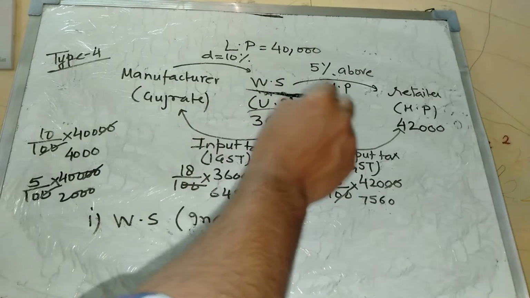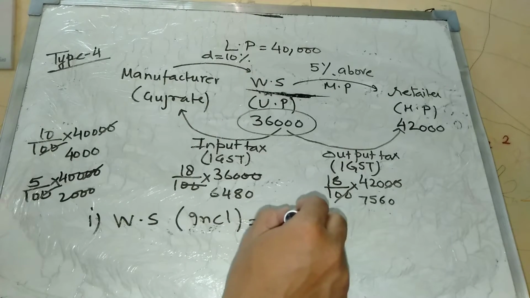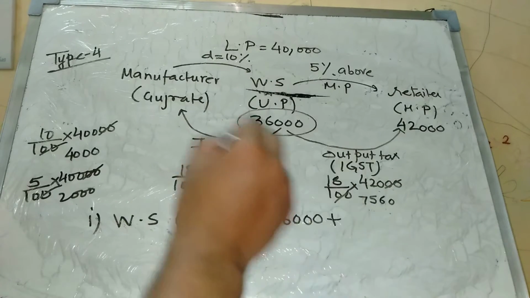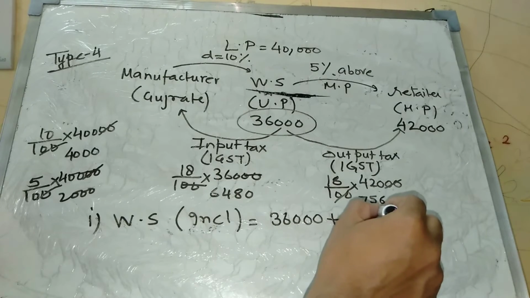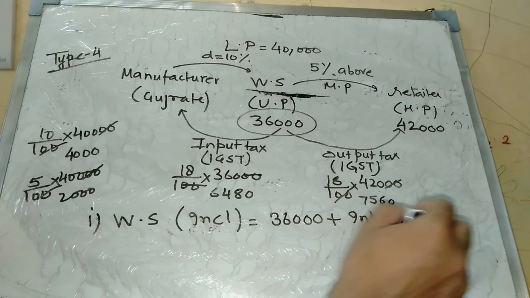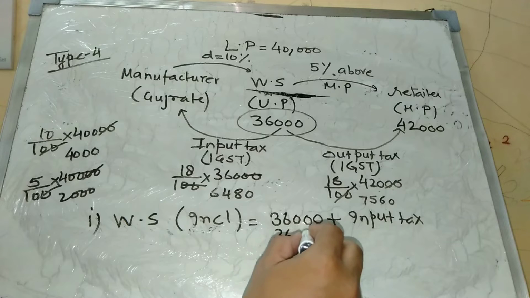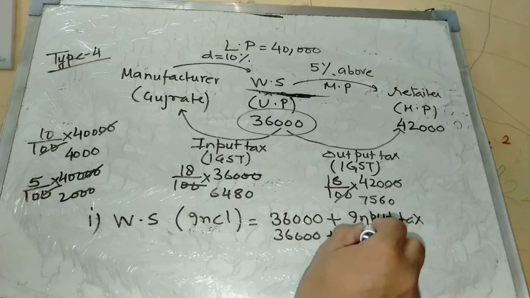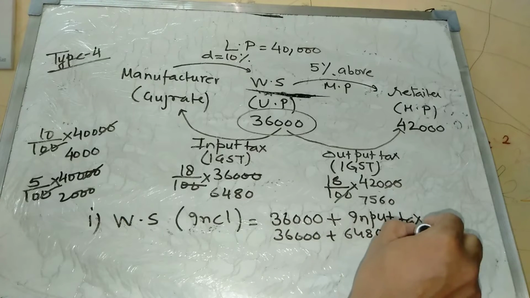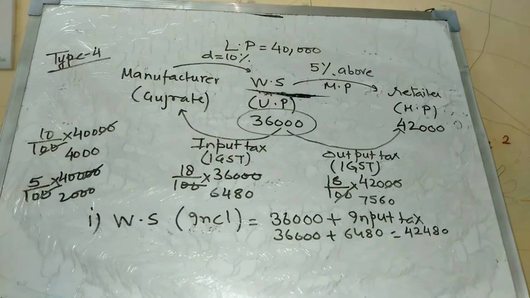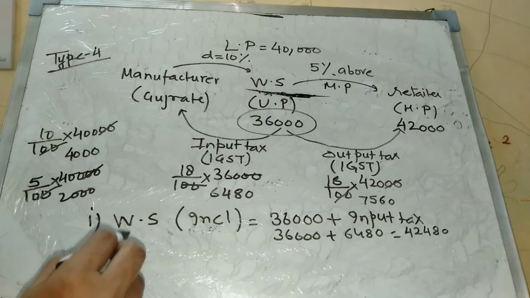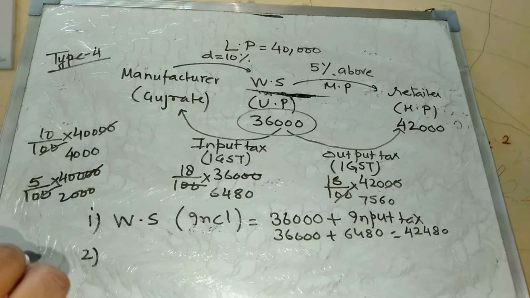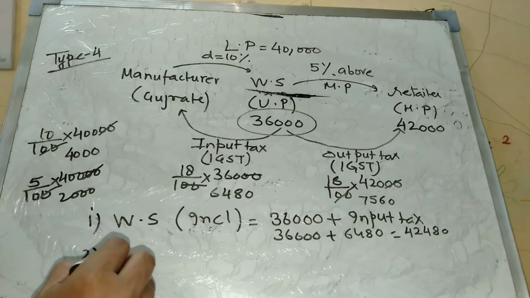So the wholesaler will pay 36,000 rupees for the article and will pay the input tax also. So 36,000 plus 6,480 means 42,480.